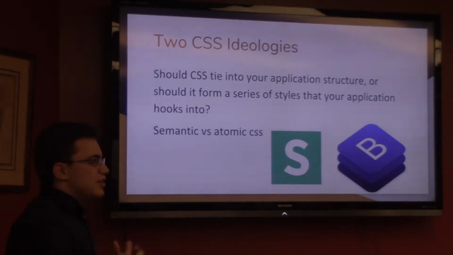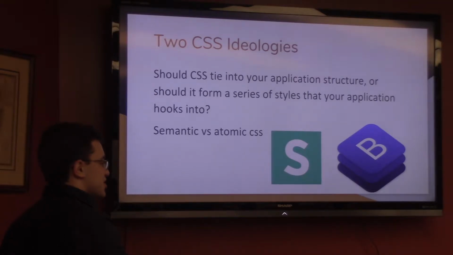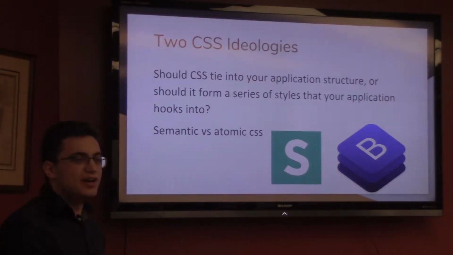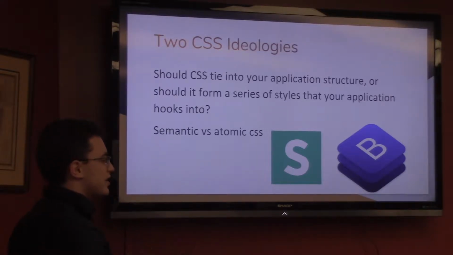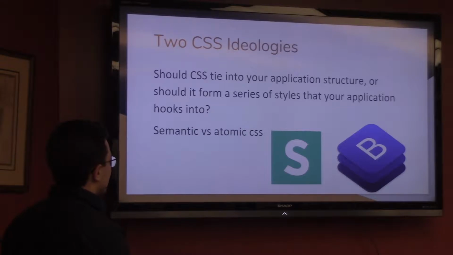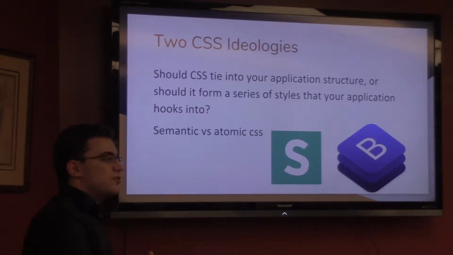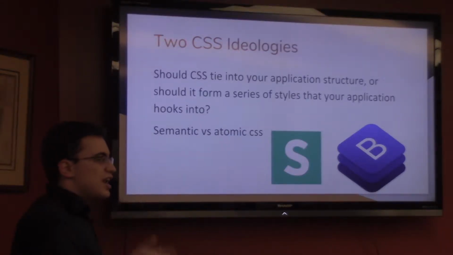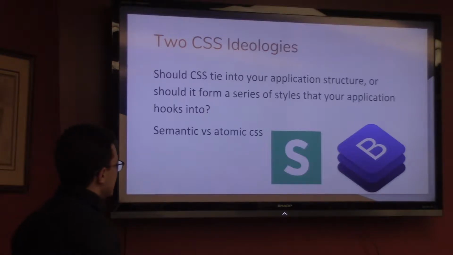So basically, you can either attach specific values to specific components. So you have, for example, in HTML5, a header component. And you can say in CSS, make the header look like this, and then make all the images in the header look like that, and you can plug it in like that. Or you can use atomic CSS, basically define a bunch of rules, and then apply them to components with classes.